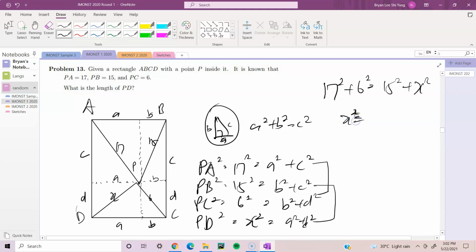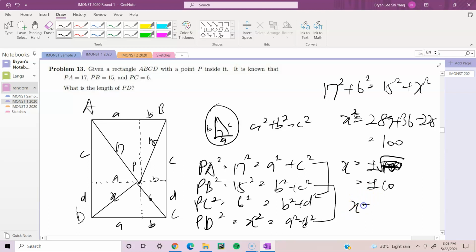Then maybe using a calculator, we can get 289 plus 36 minus 225, which will give us 100. So X squared being 100, X will be either positive or negative 10. But since lengths can only be positive, X of course is just 10. So the length of PD being X would be of length 10.